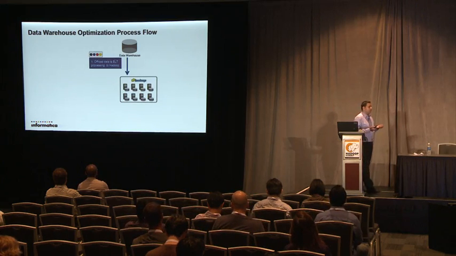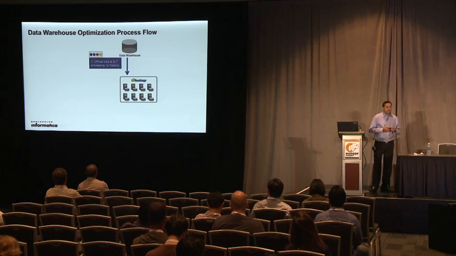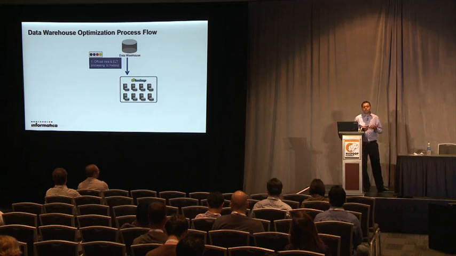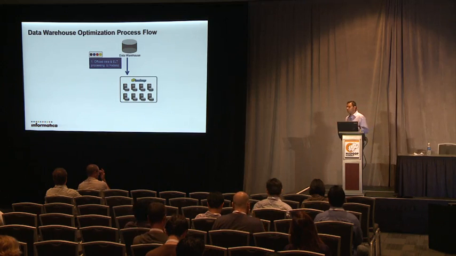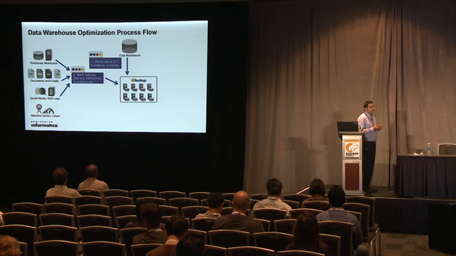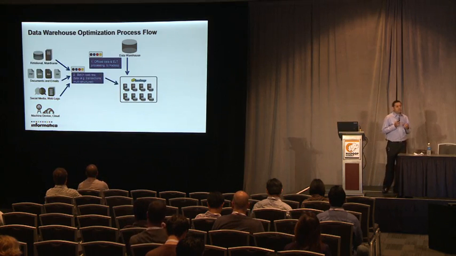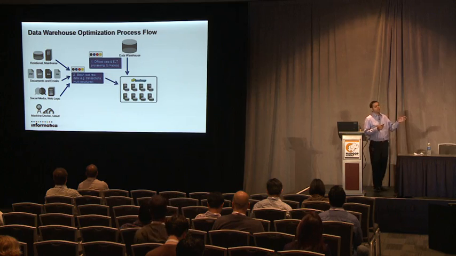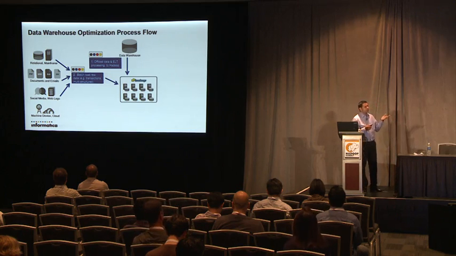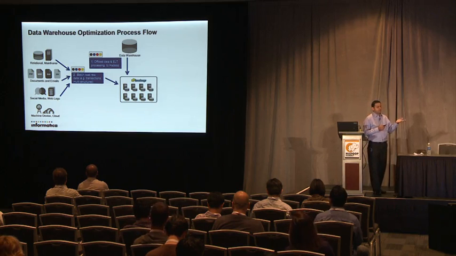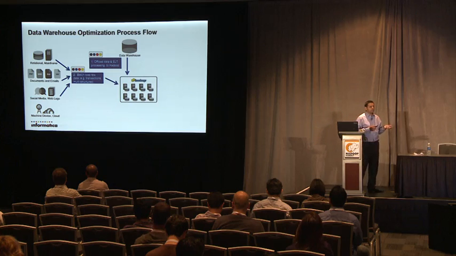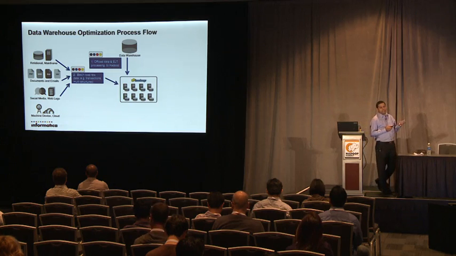Not only that, but any transactions that are taking a lot of CPU cycles, spending a lot of time on the processing itself in the data warehouse, you can offload those as well to the Hadoop environment. The next step is you can start taking data directly from your transactional systems, your relational databases or mainframes, or even from documents, social media, cloud, machine data.